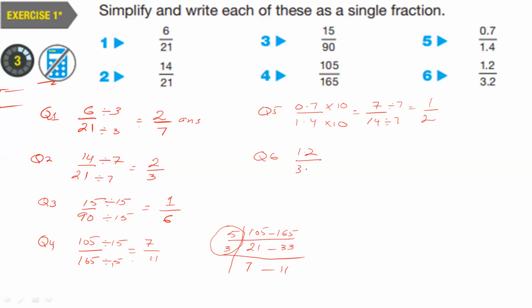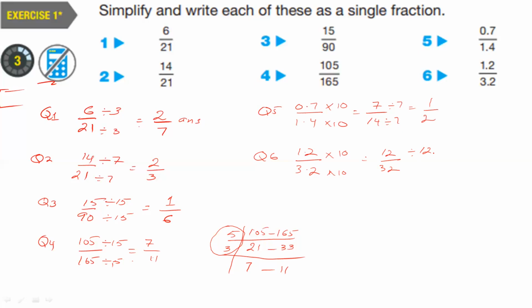Now we go for question number 6: 1.2 over 3.2. Again we multiply both by 10 and we get here 12 upon 32. Divide both numbers by 12? I don't think so. If we divide both by 12, we don't get a proper fraction.